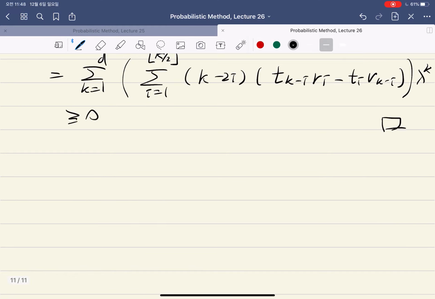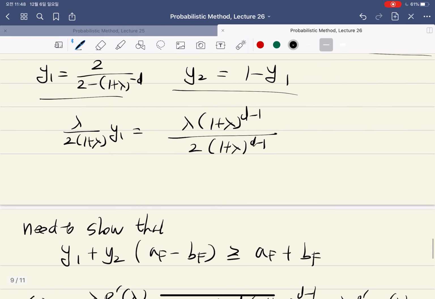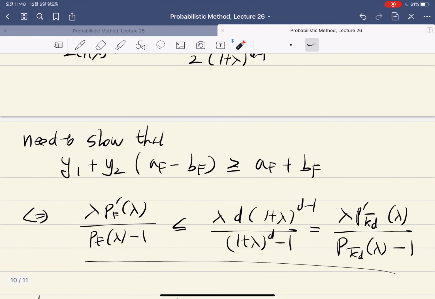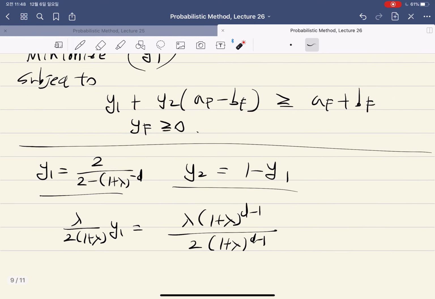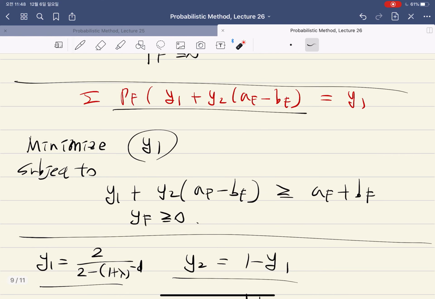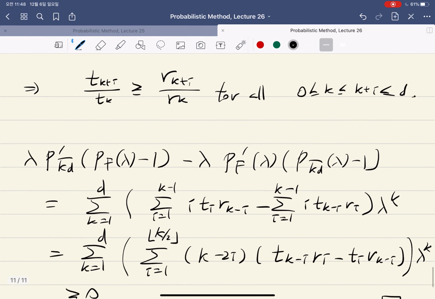So now this claim shows that each condition on this dual program is satisfied with this choice. So this is feasible. So this provides an upper bound on this maximum. So you prove the theorem.